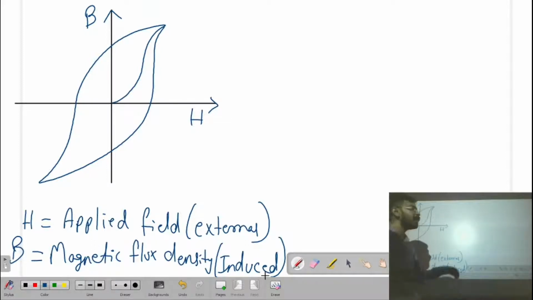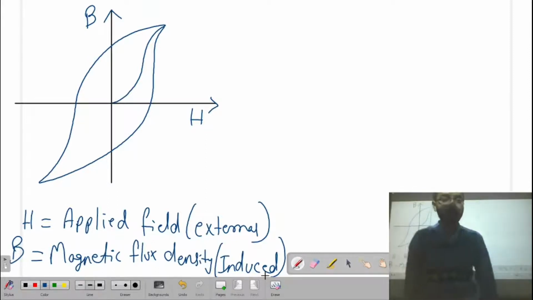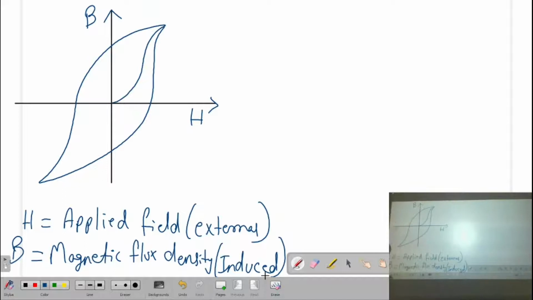So this is the BH curve. Now we want to understand this BH curve with respect to domain formation.